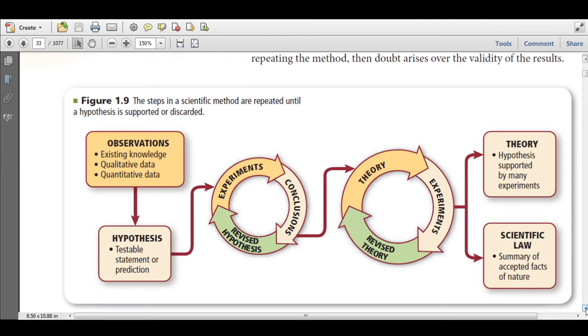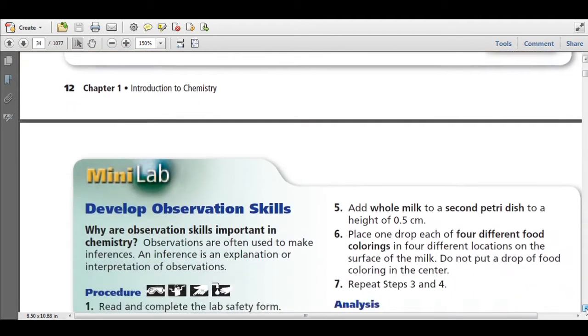And if our conclusion doesn't fit or seems askew, we have to revise our hypothesis, in which we create a new experiment to create a new conclusion. We can take an overwhelming amount of conclusions and create theories, in which a theory is a hypothesis supported by many experiments. And we can also create a scientific law, which is a summary of accepted facts in nature.